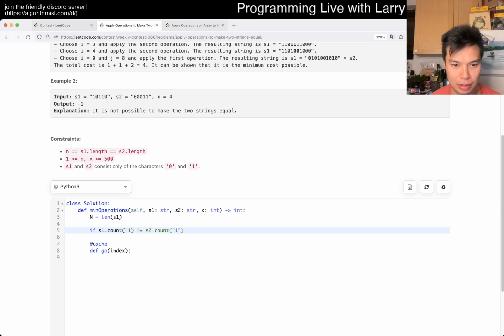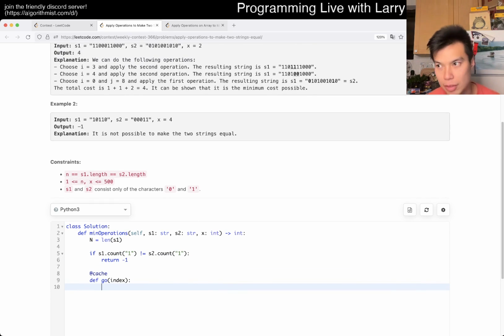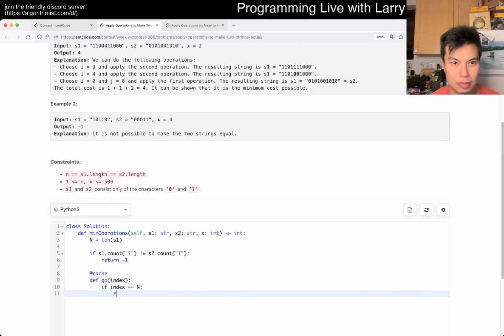Just shortcut it. Right. So if, otherwise, okay, if just skipped, well, you can't always skip it.